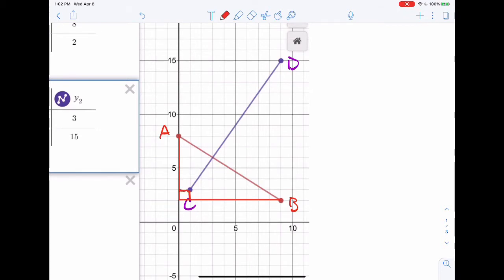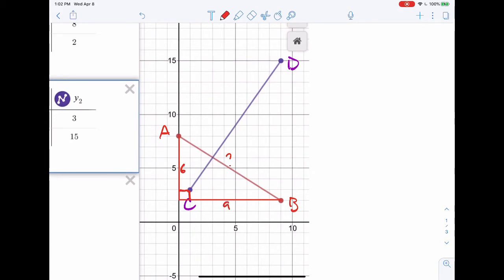All right, and we're trying to find the hypotenuse of this right triangle, which would be the length of segment AB. And so we can see here that the length of the vertical leg is 1, 2, 3, 4, 5, 6. And the horizontal leg is 5, 6, 7, 8, 9.